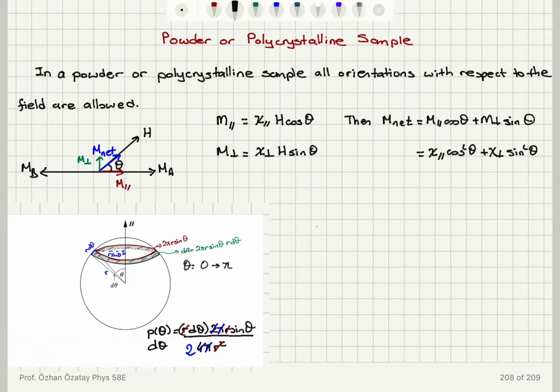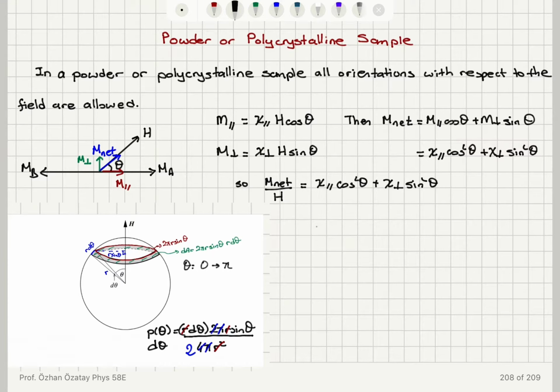So the net magnetization divided by the applied field H will be equal to chi parallel cosine square theta plus chi transverse sine square theta.